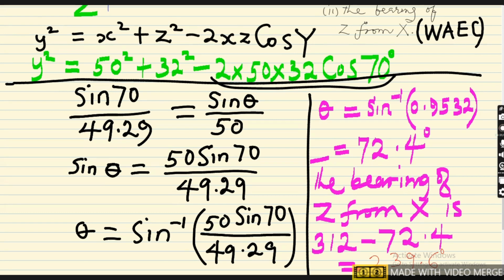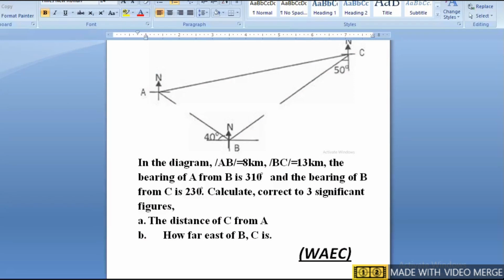Don't forget, we are rounding to one decimal place. Thus we leave our angle in one decimal place. 239.6 degrees. That is the bearing of Z from X.